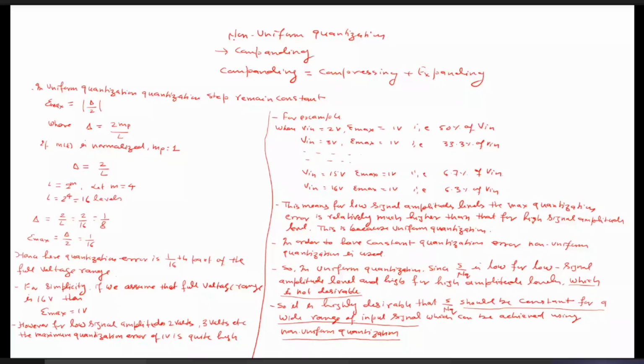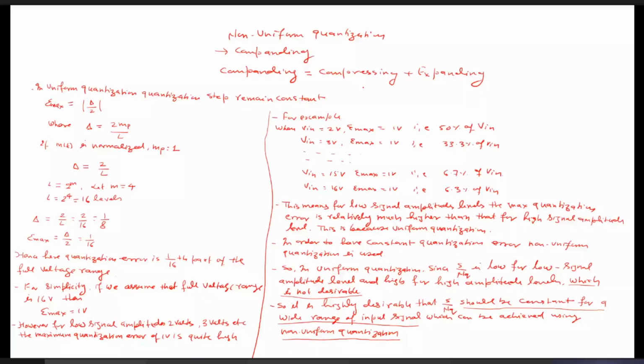In fact, this non-uniform quantization is performed by companding. The compander is the device which consists of a compressor and an expander, and it performs the compression and expansion. The compression is performed at the transmitting end, and the expansion is performed at the receiving end. This expansion is the reverse, complementary to that of the compression.